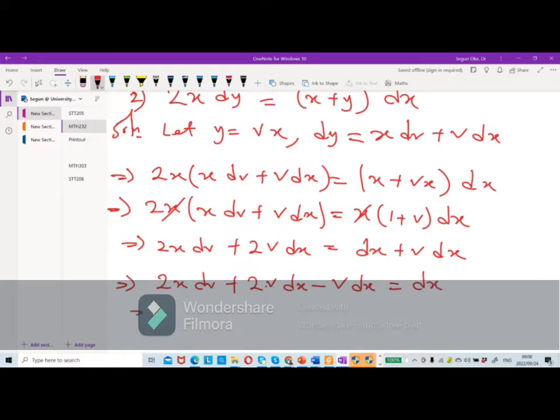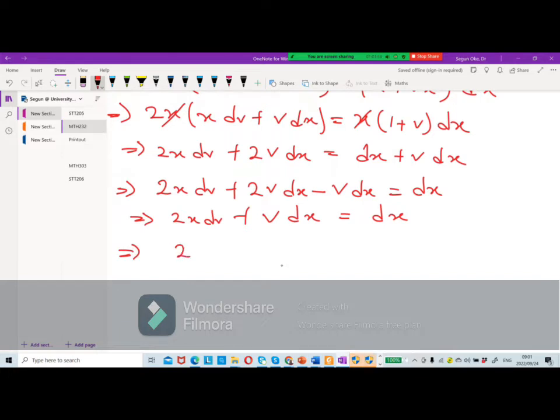So I have here 2x dv, this minus this. You remember one has 2v, the other one has single v. So it's the same thing as plus v dx equals x. Any question? So at this point now, we can begin to look at it. How do we separate them?